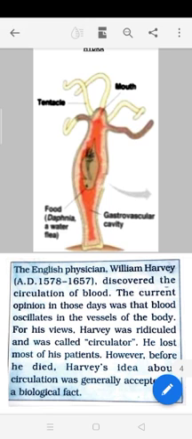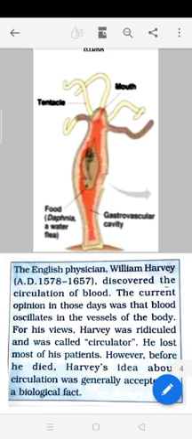Next, the blue box which is given in your book: the English physician William Harvey discovered the circulation of blood. The current opinion in those days was that blood oscillates in the vessels of the body. So Harvey was ridiculed and was called what? Circulator.